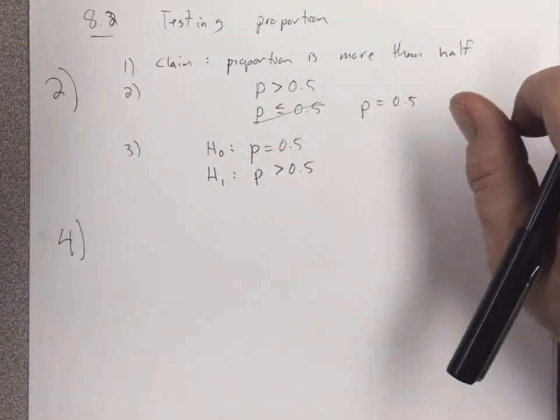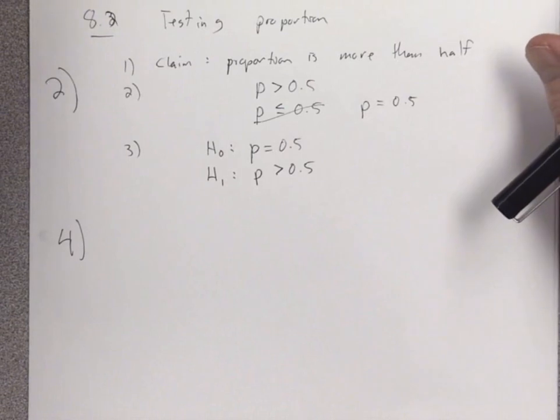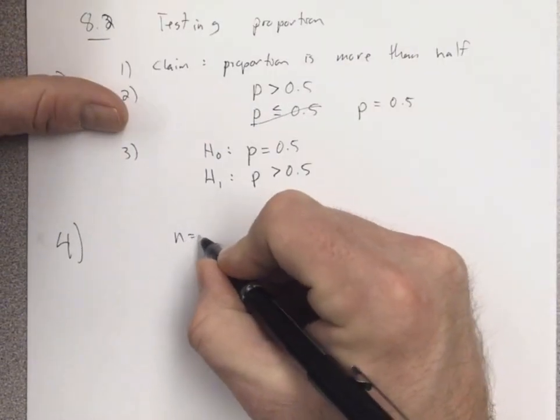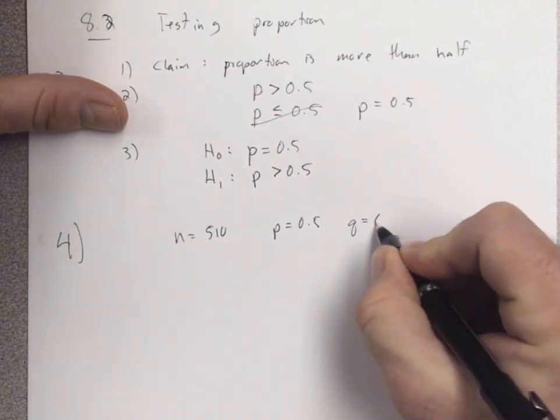Let's see. USA Today survey. I'm not sure if it was a good survey method, so I'm not sure if it's a simple random sample. Next, we have to see if n times p. So n is equal to 510, p is equal to 0.5, so q is also equal to 0.5.